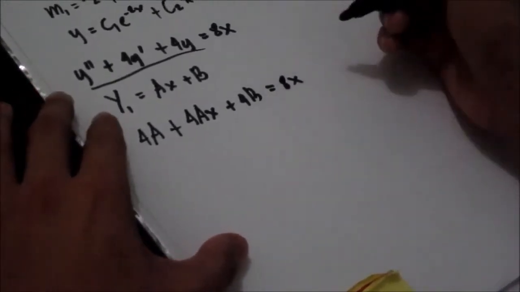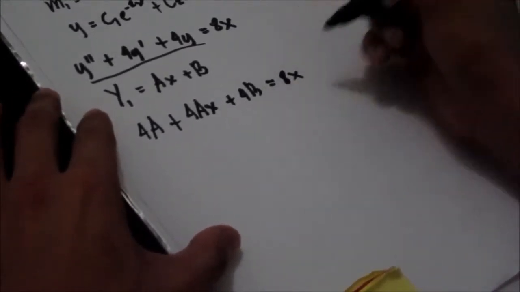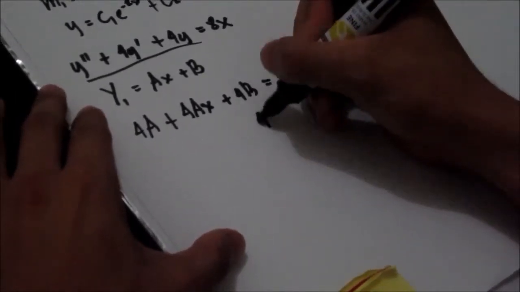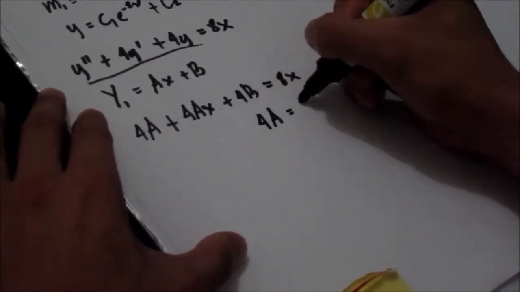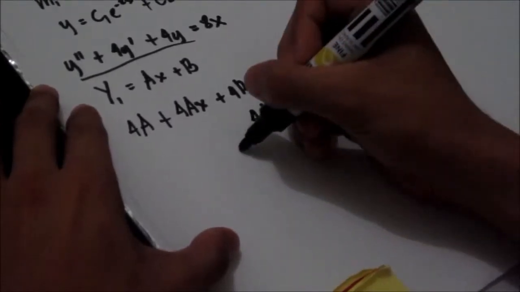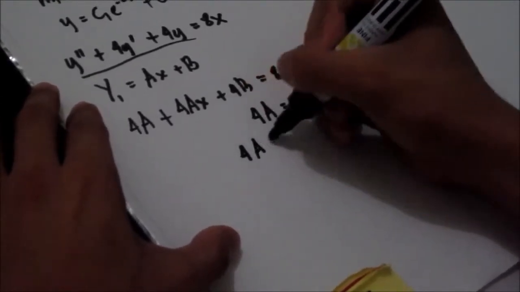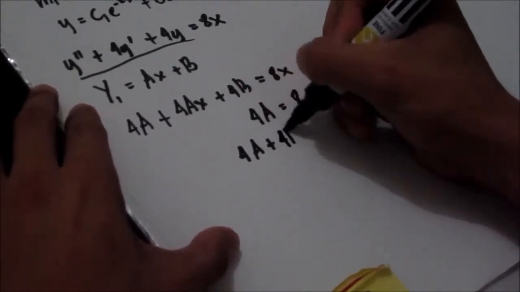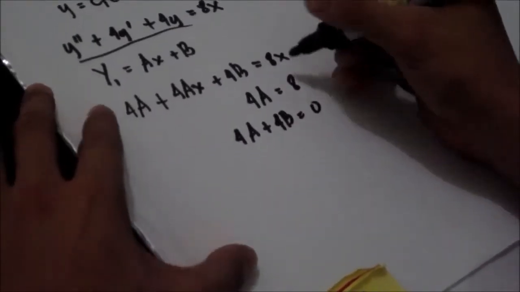Here, to find a and b, we can solve simultaneously, getting 4a = 8 and another equation 4a + 4b = 0.